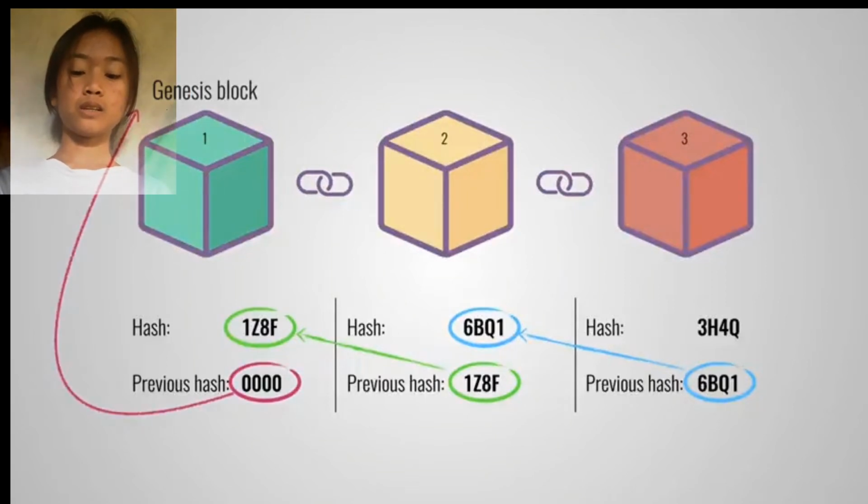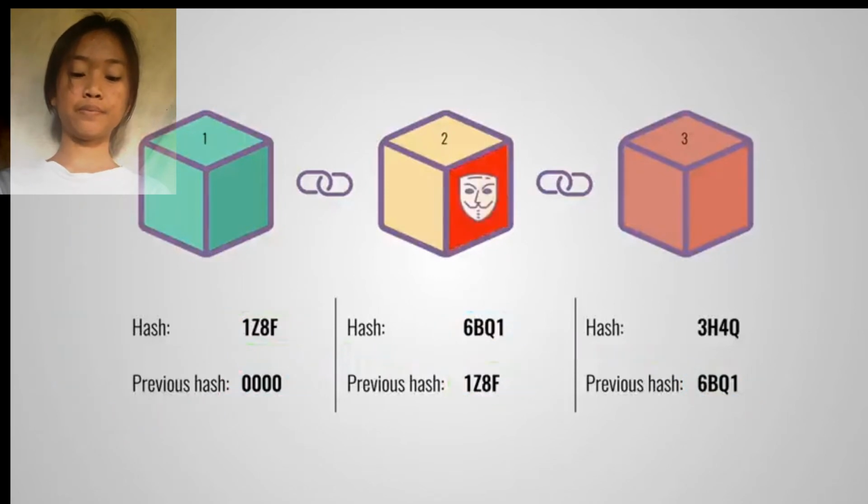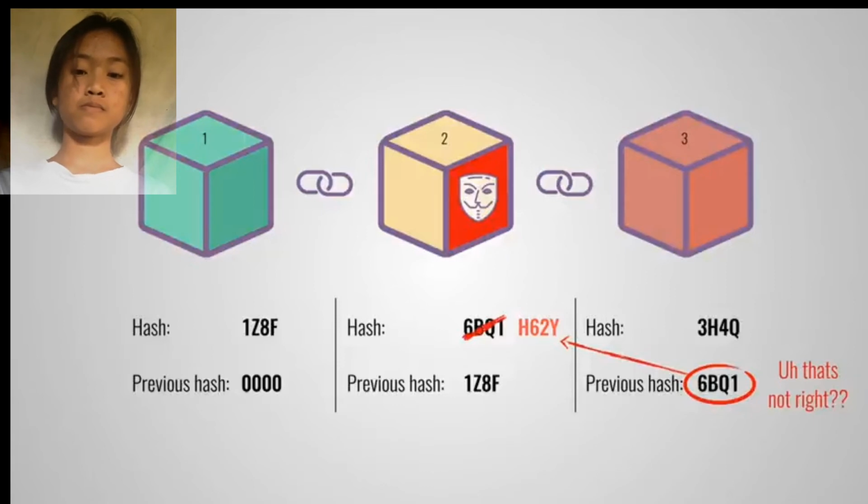Now let's say that you tamper with the second block. This causes the hash of the block to change as well. In turn, that will make block 3 and all of the following blocks invalid because they no longer store a valid hash of the previous block.